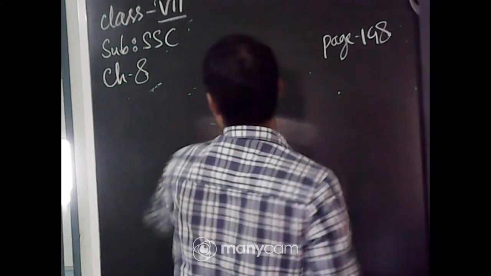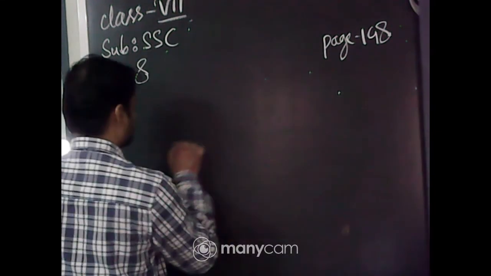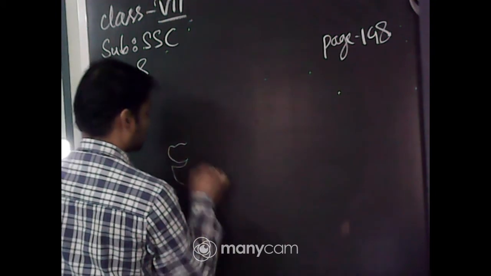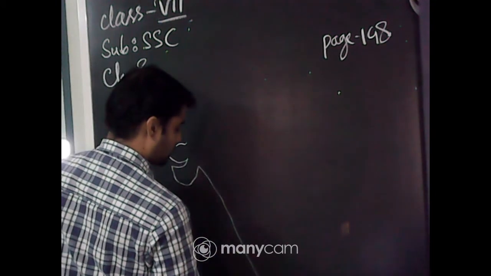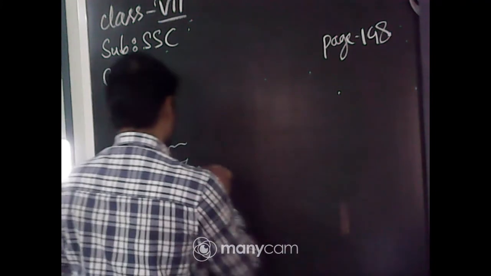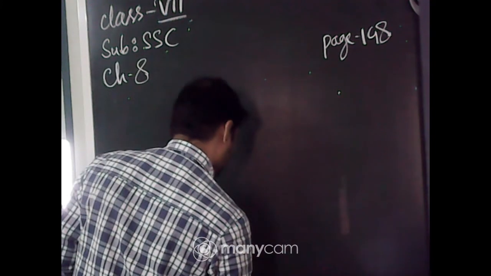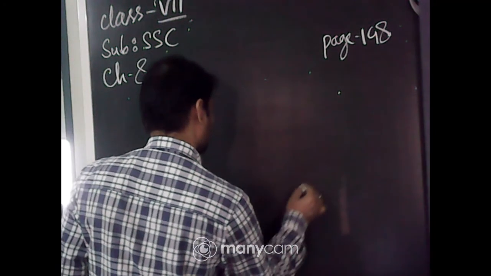Then I am rubbing the board for the map. I have told you already, those who have already collected the map. For those students, I will draw a map and mention the 5 important features of our country.